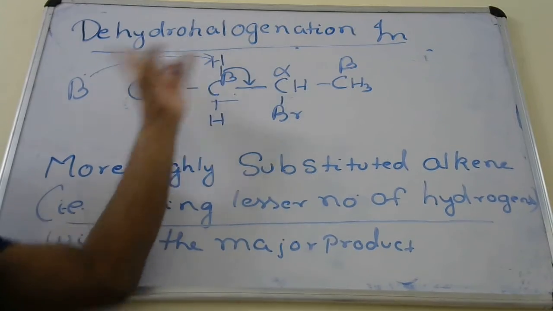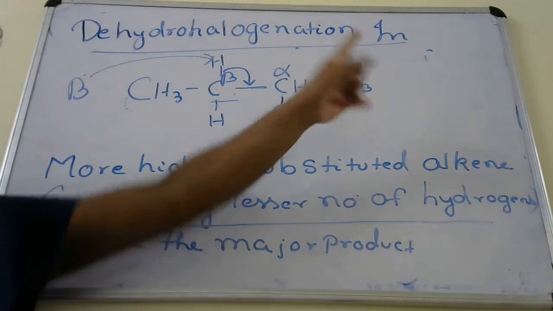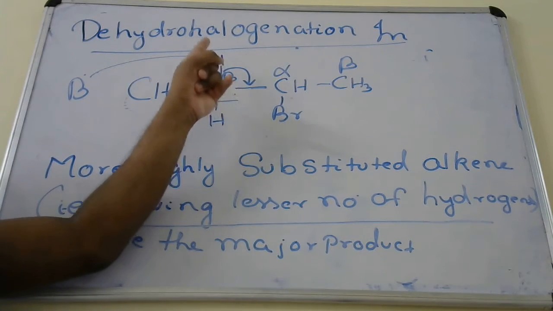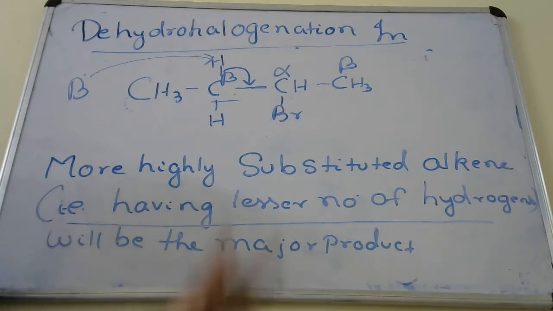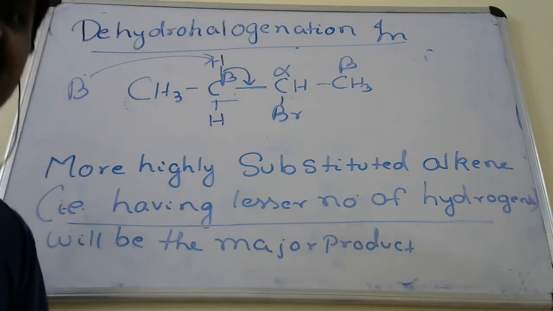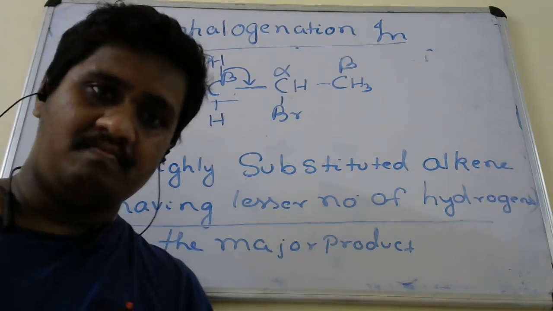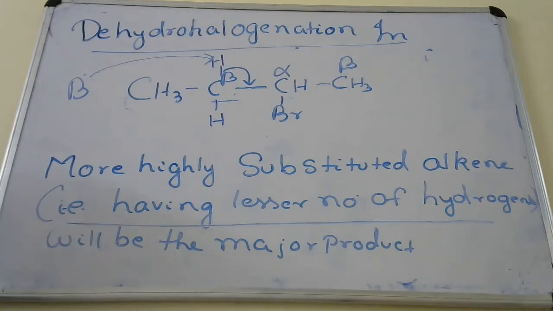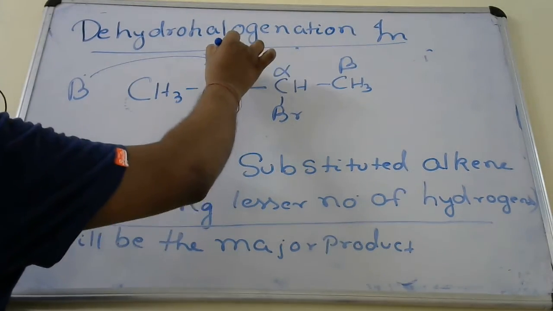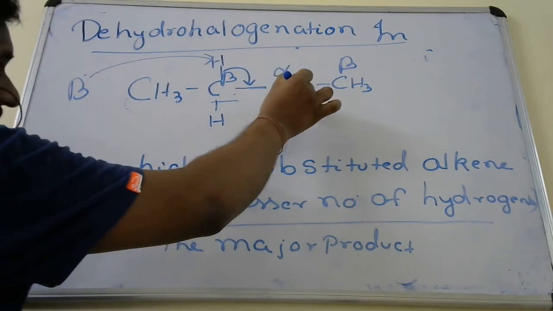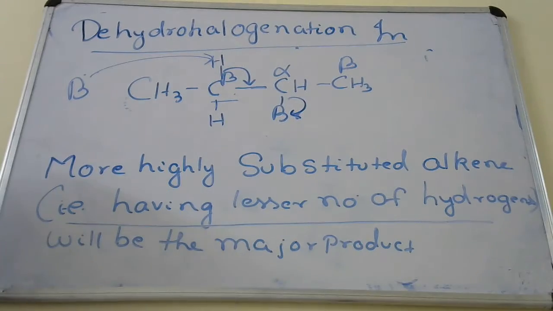This carbon has 2 hydrogens, fewer than the other beta carbon, and it is also more substituted, meaning more alkyl groups attached or more crowded. So a double bond will come in between alpha and beta, and the halogen will be eliminated.